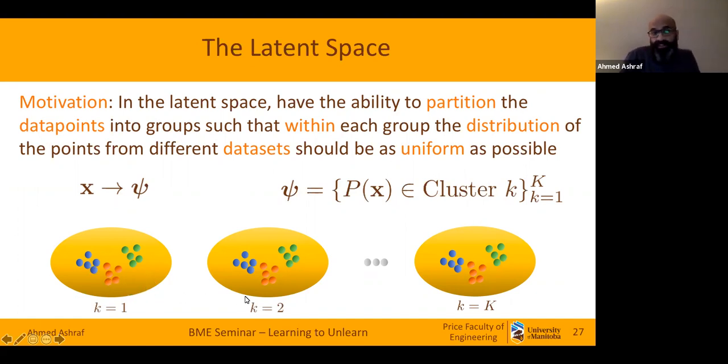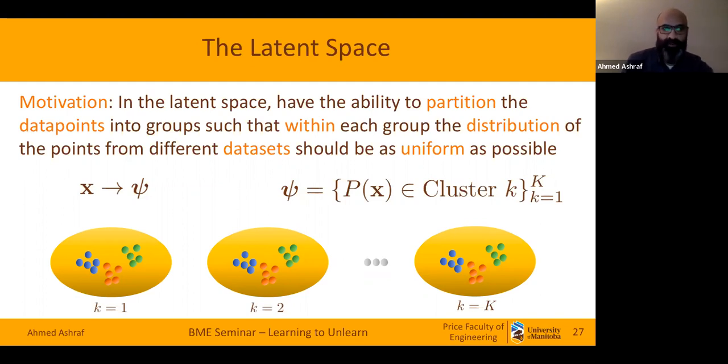If you notice each of these clusters, the number of data points from each data set is more or less the same. Even if I tell you that for a particular data point, K is equal to 2, which means that it belongs to the second cluster, it's almost indistinguishable in terms of its proportion. So you should not be able to tell which study or which data set the example is coming from. That's the basic intuition.